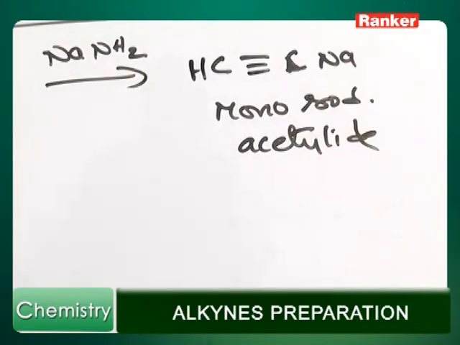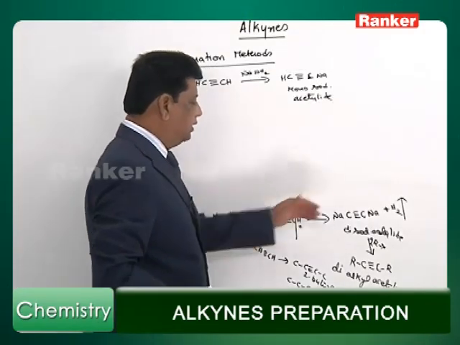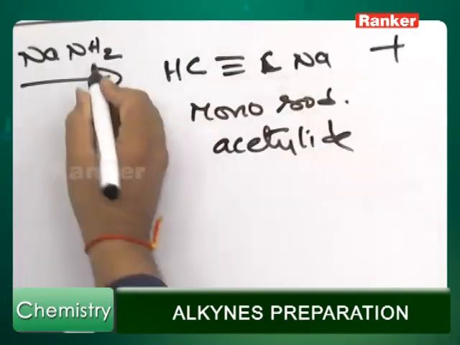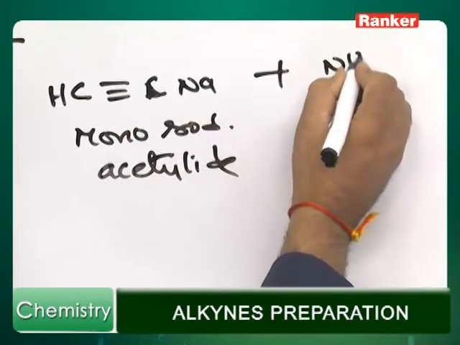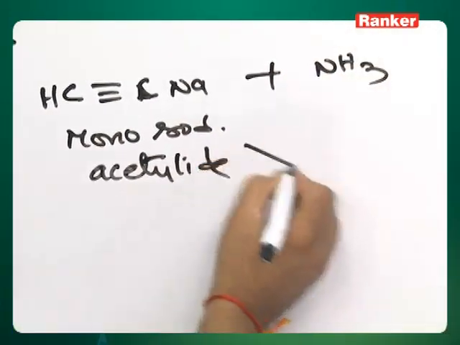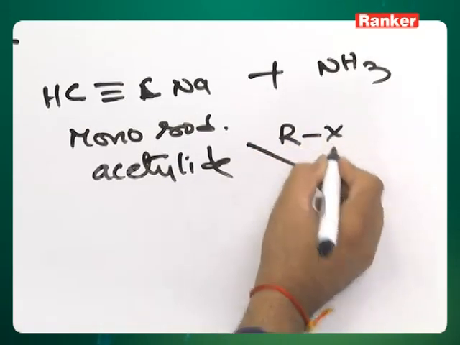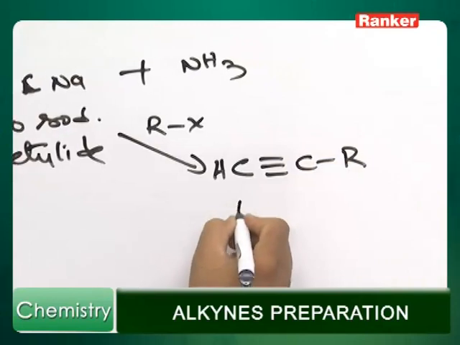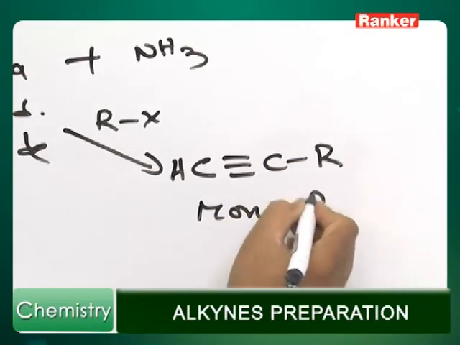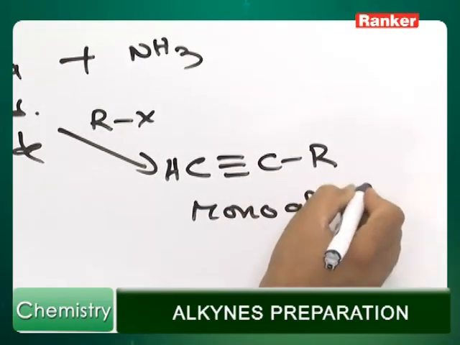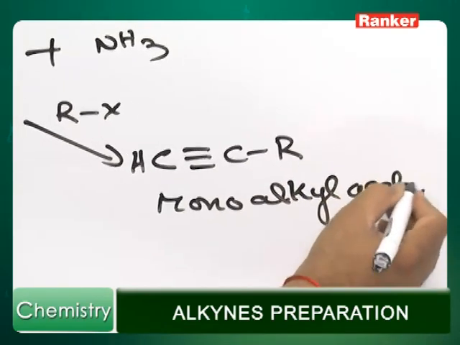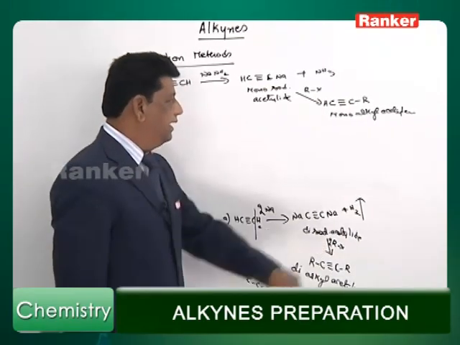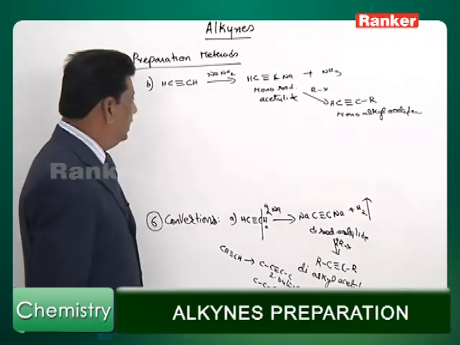But with sodium, you cannot control the reaction; both sides will react. Here NH2 and H form an ammonia molecule. When you treat this with RX, 1 R comes in, that is monoalkyl acetylene. In this method, 1 alkyl comes, whereas in the earlier method 2 alkyls came at a time.